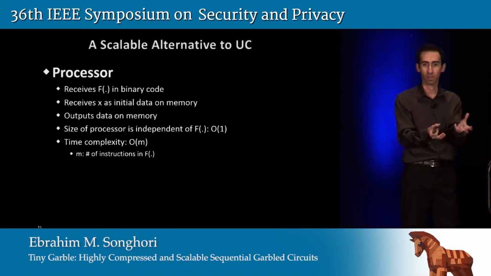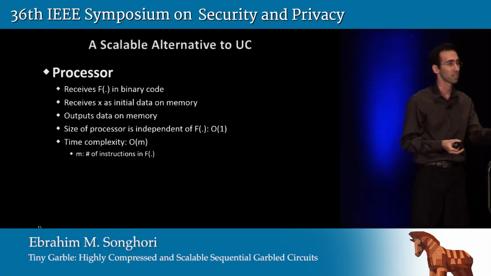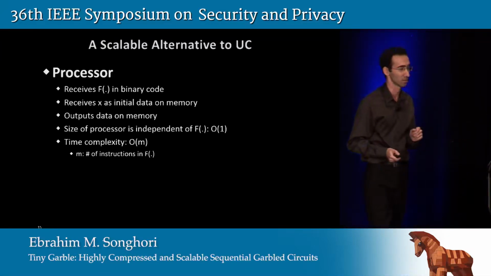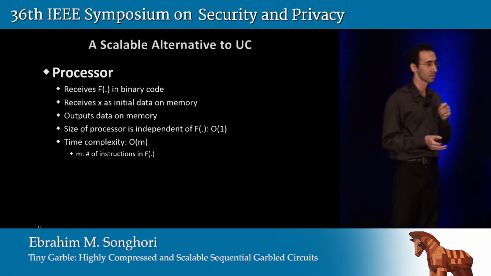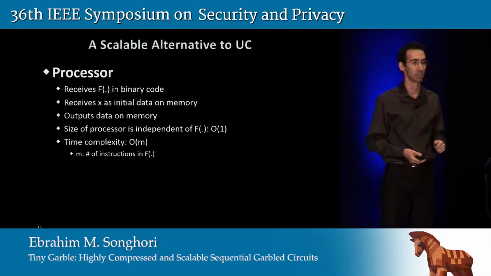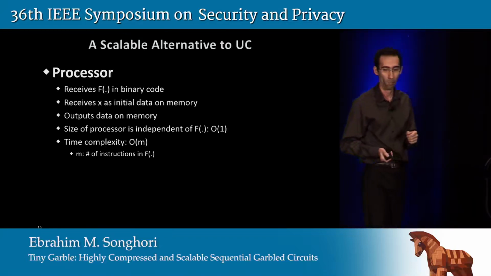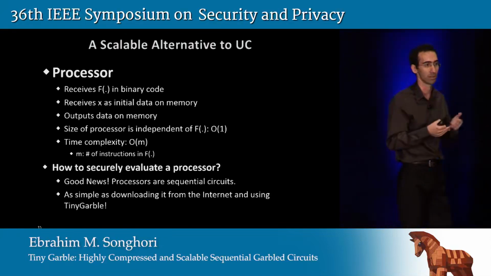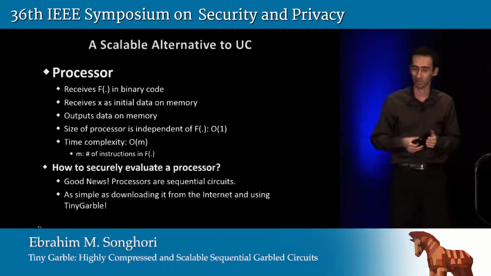If we have a laptop with a limited area, we can do whatever we want with it. It doesn't matter what the function is. And the time complexity is very straightforward, it is O(m), where m is the number of instructions in the function that we have. And the question is how to securely evaluate it with the garbled circuit.